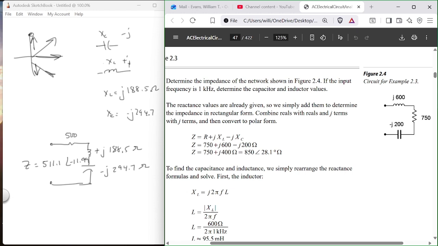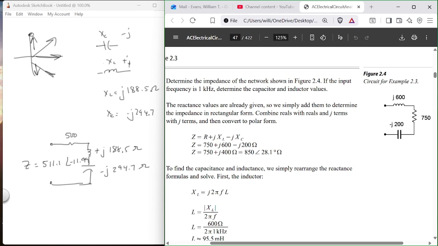What do you do? How do you do this one? Menu equals the 750 plus 600i minus 200i equals 750 plus 400i, okay?